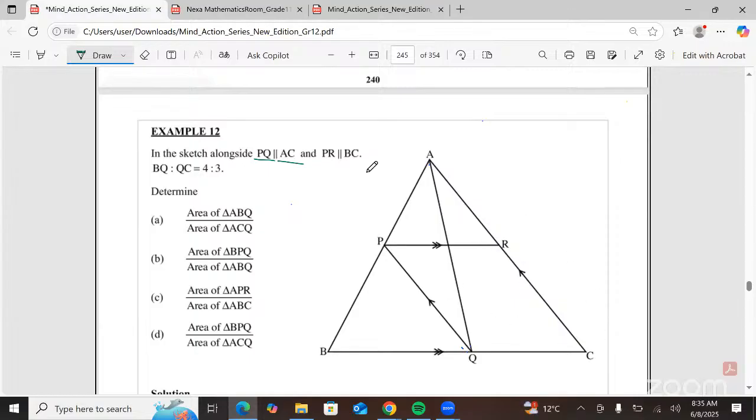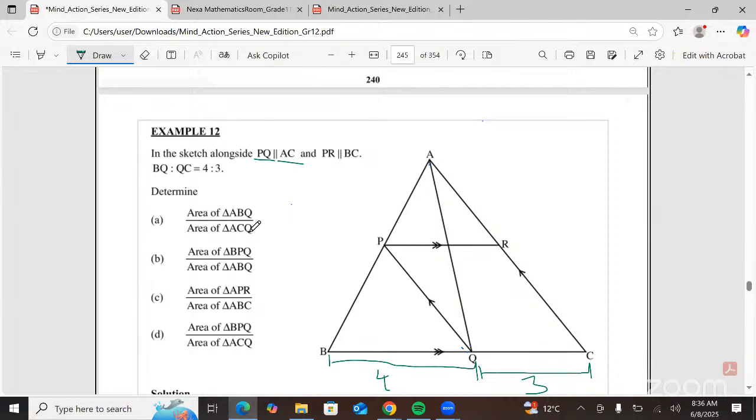PR is parallel to BC. And then we are given that BQ here is 4, and this is 3. Okay, now what are they requiring us?